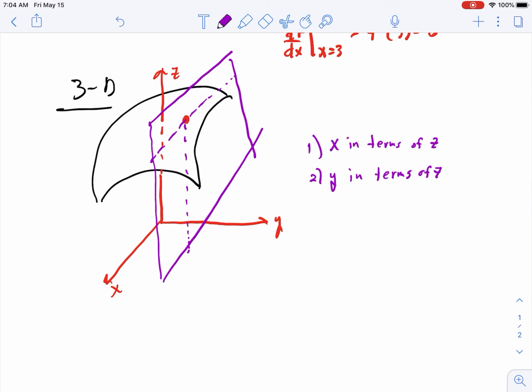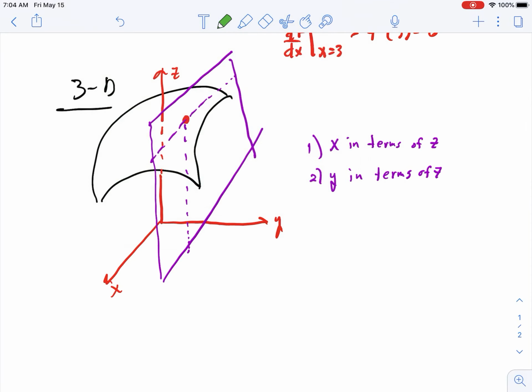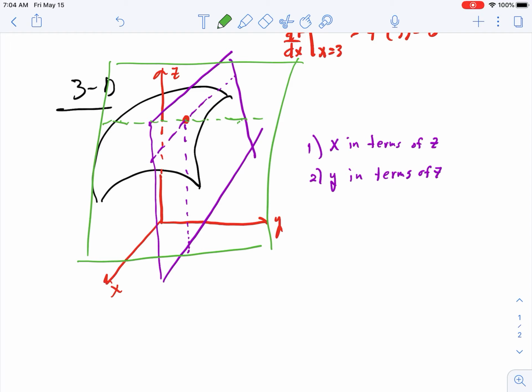Then if I go back and do it in terms of x, let's do green. Again, visualize taking another slice of bread. That would be in terms of x.